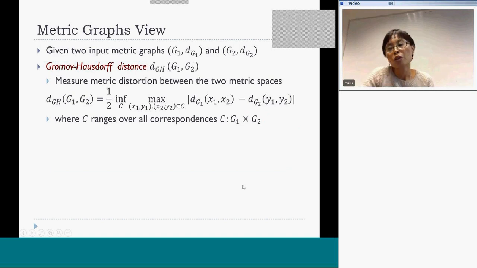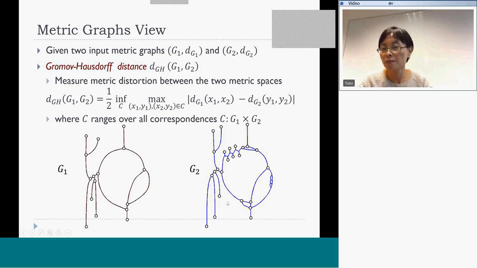If we view graphs as metric spaces, the most natural way to measure their distance is the so-called Gromov-Hausdorff distance, which basically measures how much distance is distorted between these two spaces.